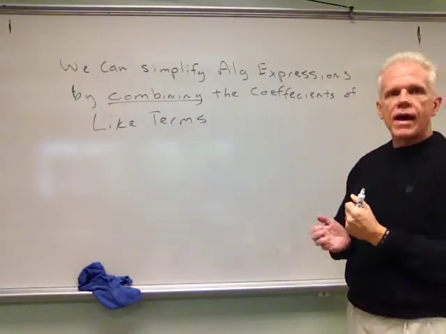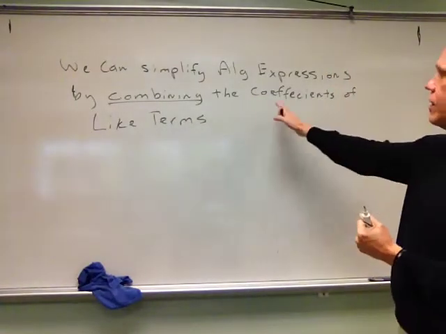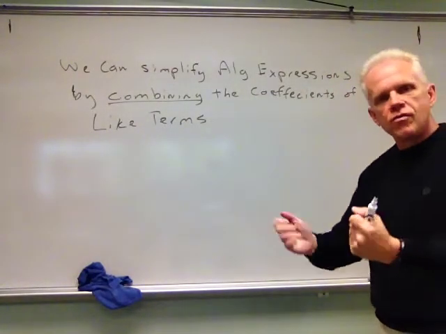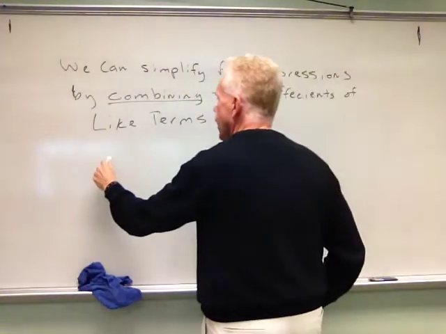We can simplify algebraic expressions by combining the coefficients of like terms. Let me give you some examples of what I'm talking about.